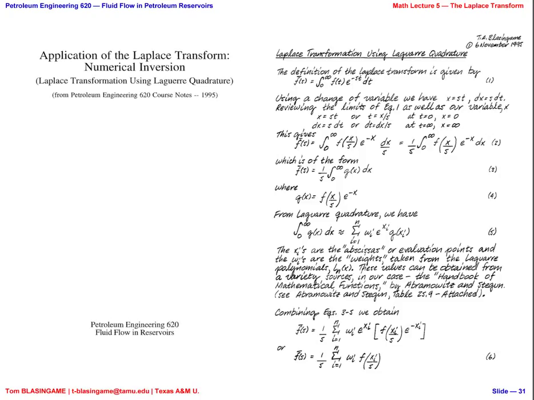Based on the definition of the Laplace transform, if you arrange this so that it is expressed in this way, and then you define a certain function g of x like this, you can approximate the integration of this function by the summation of this function times a weighted factor, right?